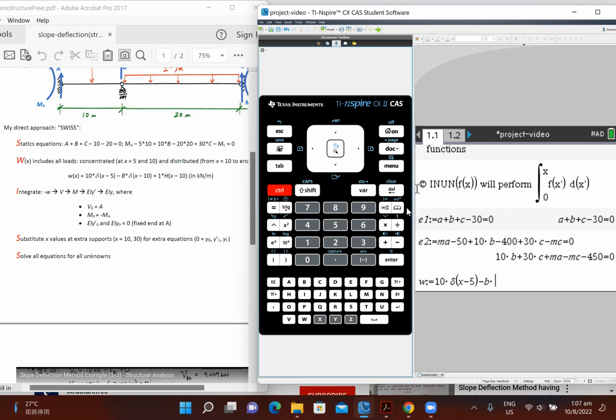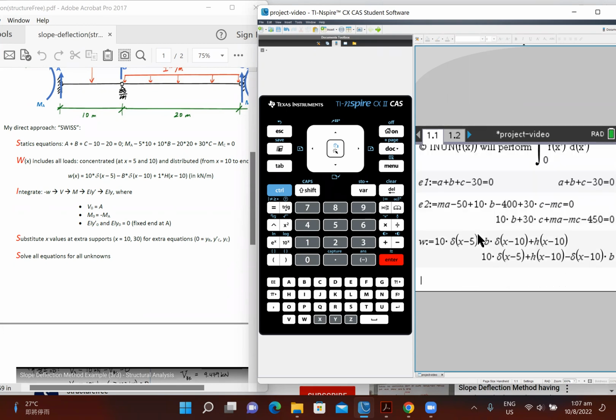So let me do that again. And this time it's happening at 10 meters, plus 1, which I'm going to skip, a kilonewton per meter, times a step function that gets turned on at 10 meters. So that's it for my loading.